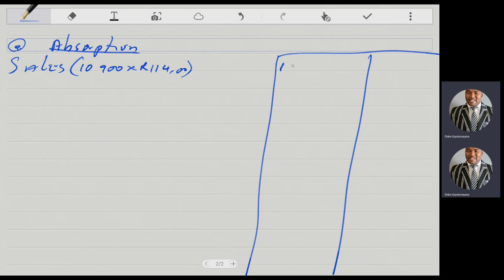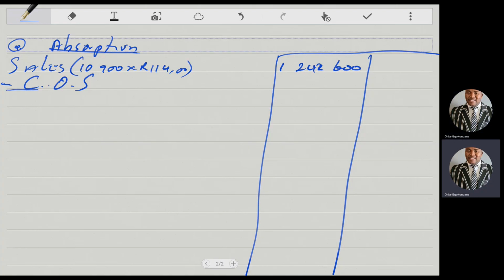So we've got 1,242,600. That's our sales minus cost of sales. We're not given the cost of sales here, so we have to calculate the cost of sales on our own. This 1,242,600 must go to this side.